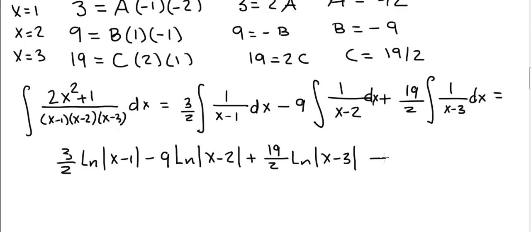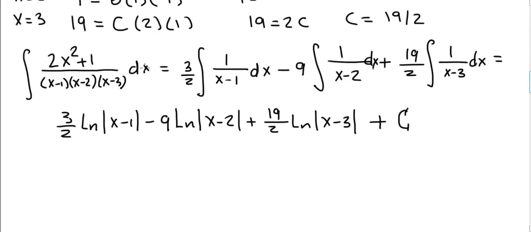Now we can add a c here, and that's the answer, but some instructors prefer to leave the answer as a single log. So the way to do that is to look at the coefficients in front of the natural logs. We have 3/2, 9, and 19/2, so the common denominator there is 2.